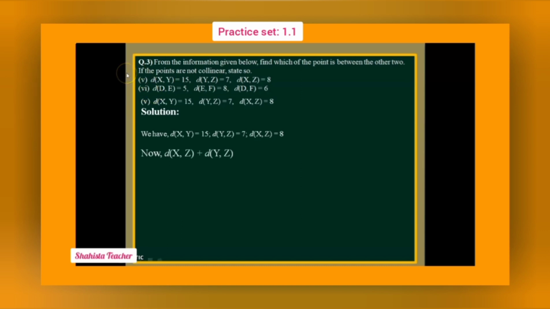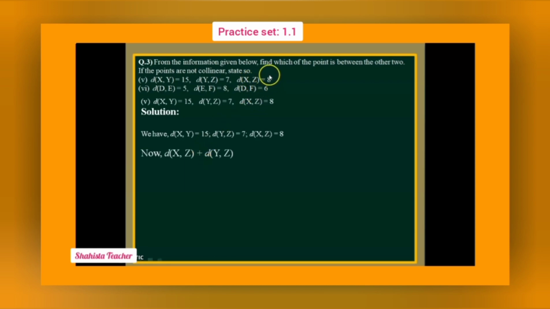We have to add these numbers, that is distance of yz plus distance of xz. Distance of yz is how much? 7. And distance of xz is how much? 8. We have to add these two numbers. So here we will write distance of yz plus distance of xz. Now here I have written xz.